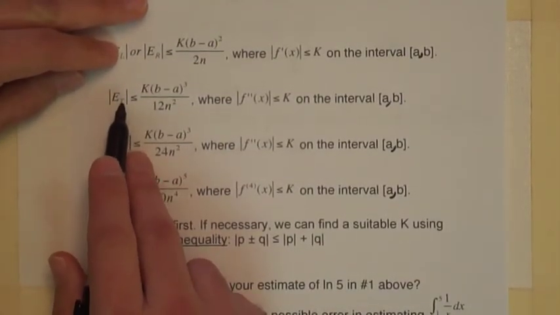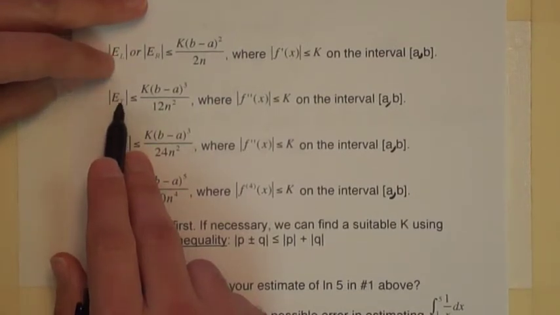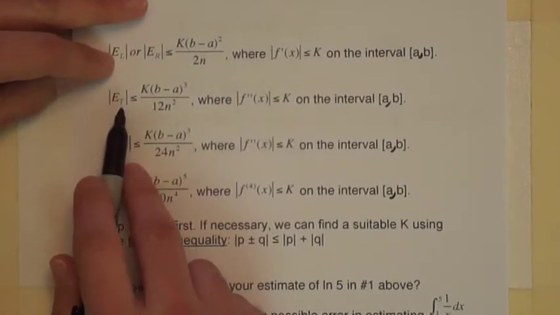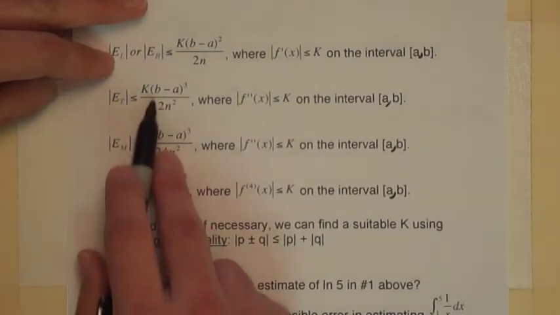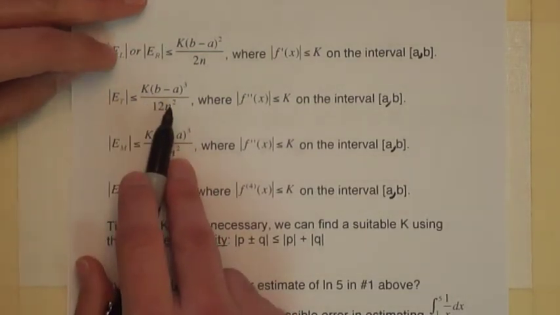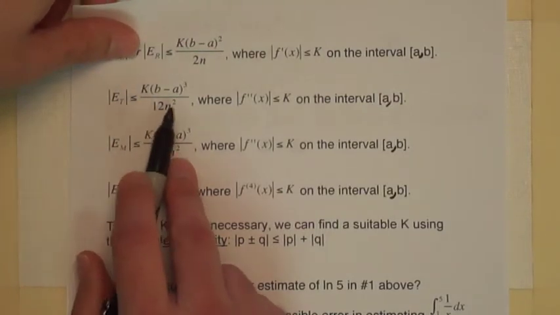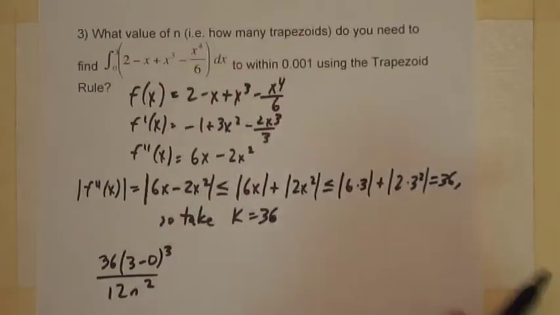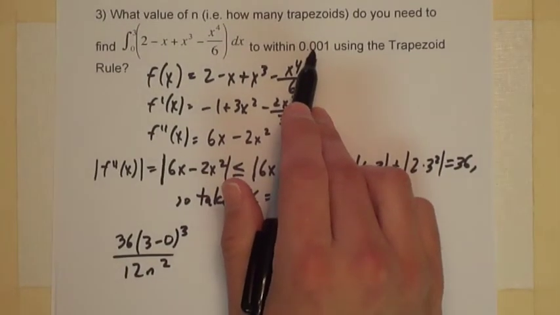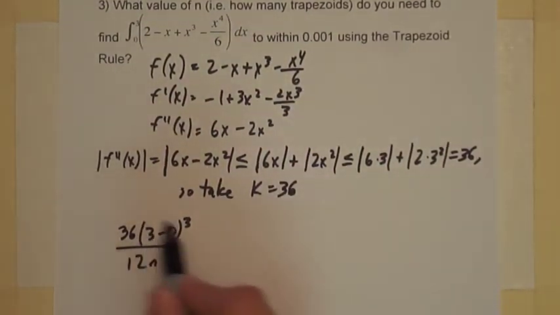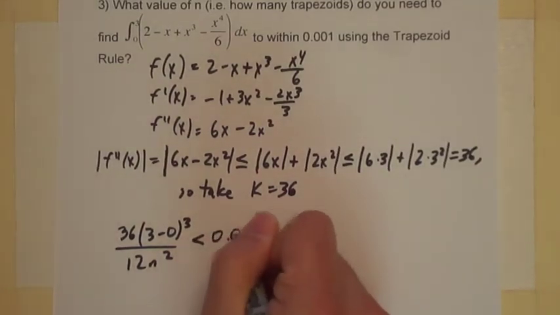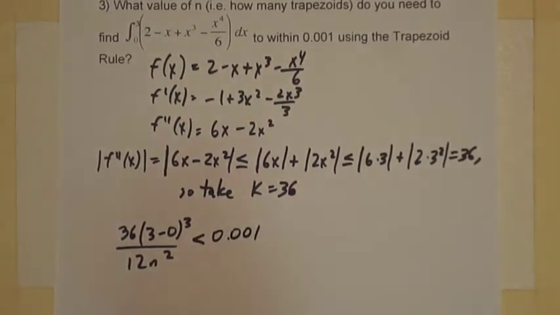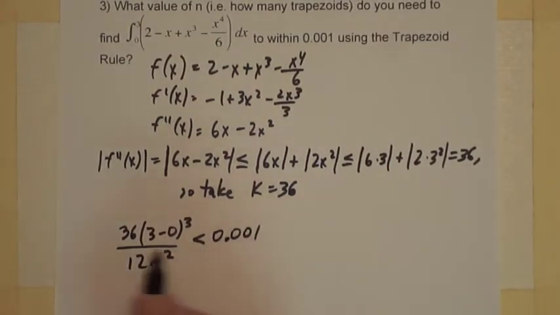But that doesn't make sense if you think about what the formula says. The formula is saying that the maximum the error could possibly be is this right-hand quantity. So if we want the error to be no larger than, let's say, 0.001, we want the biggest it could ever be to be less than 0.001. So this is a little bit tricky.